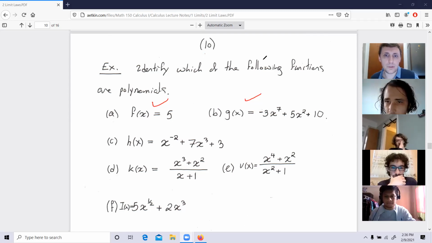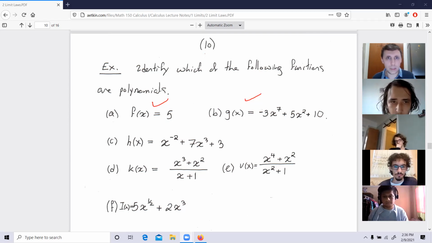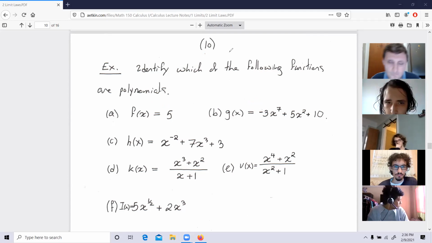So a lot of people say, no, it is not a polynomial. It's not because it has division. That's very interesting, Christiana. So guys, you see what I'm saying. Because x to the -2 is 1 over x squared, which is a rational function.